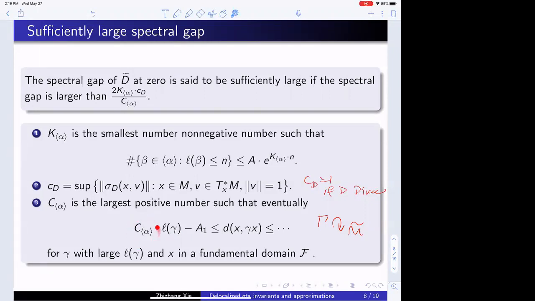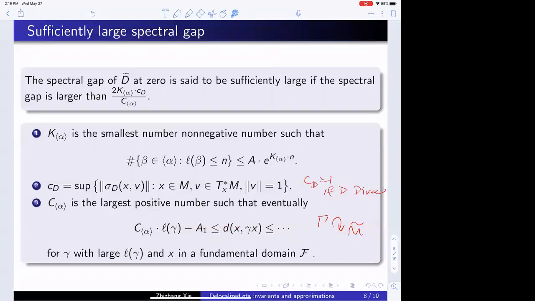So this constant measures the quasi-isometry. We only need the large time behavior, so asymptotically this is the largest positive number measuring the difference between the word length metric on gamma and this orbit distance borrowed from the orbit.